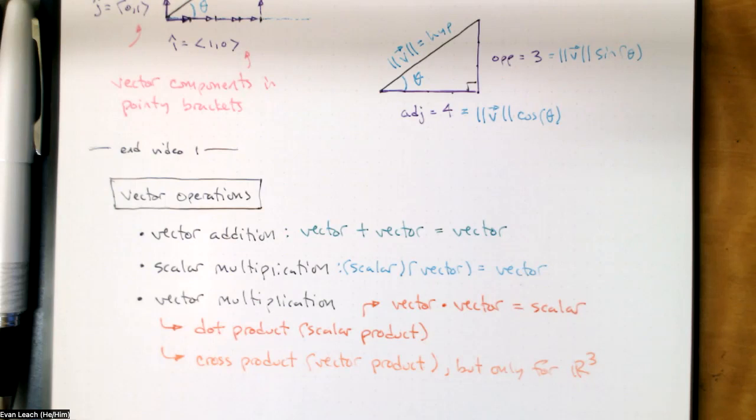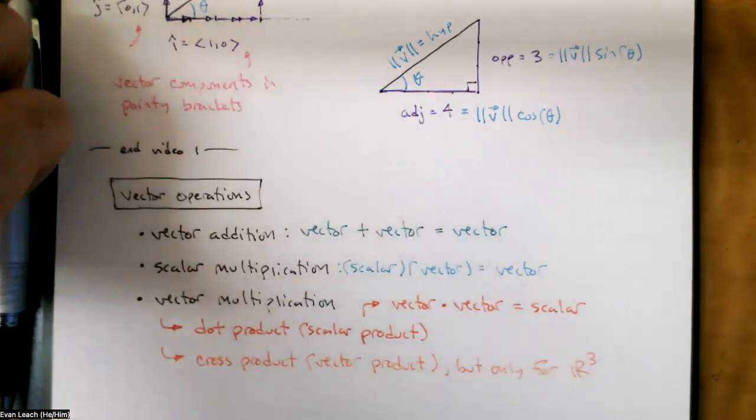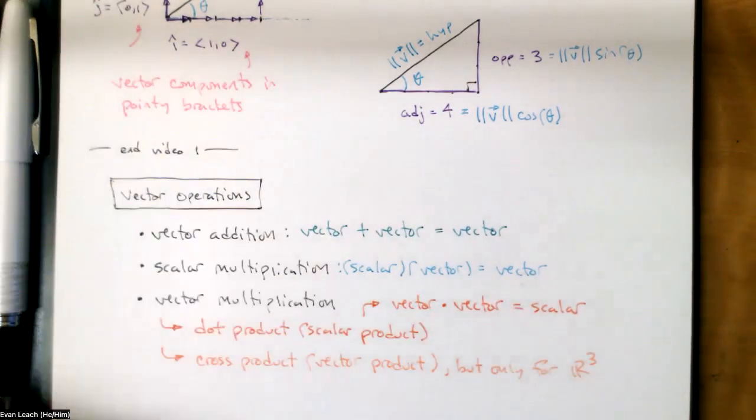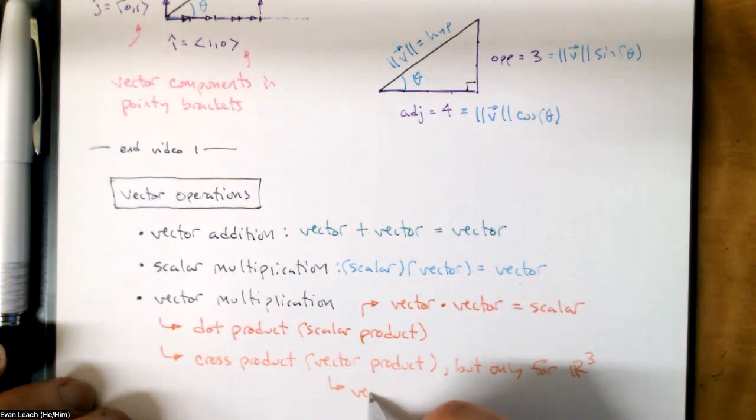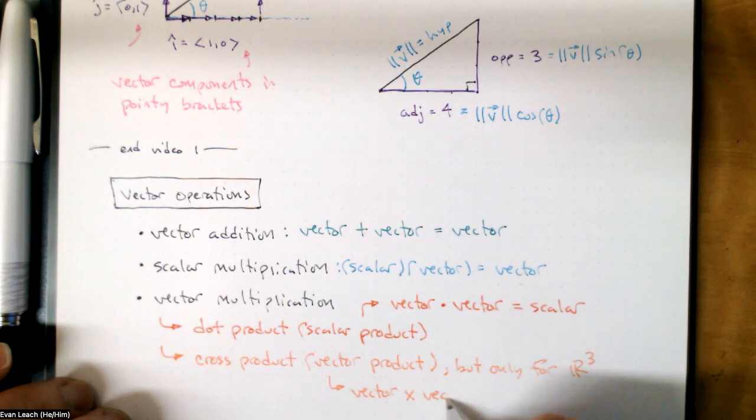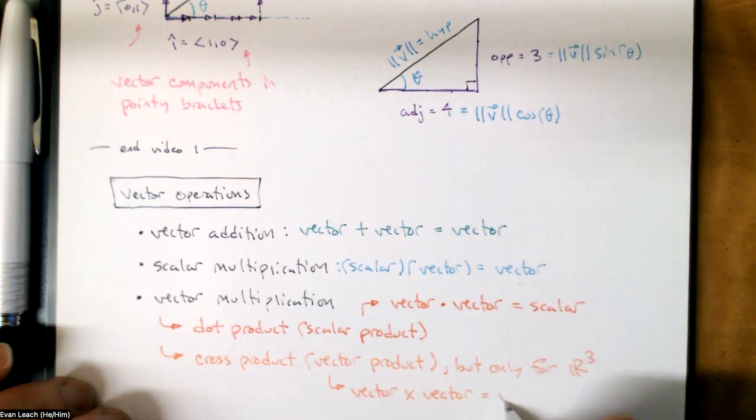Now, the cross product we're not going to worry about because we're only going to restrict ourselves to two-dimensional space, but the cross product is a vector product, which means we will take a vector cross vector and come up with another vector.